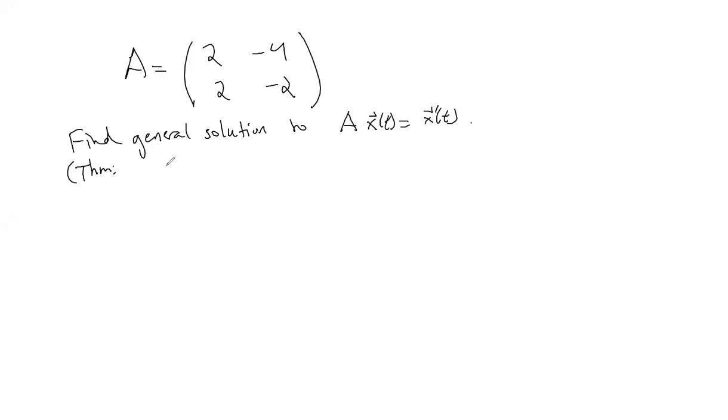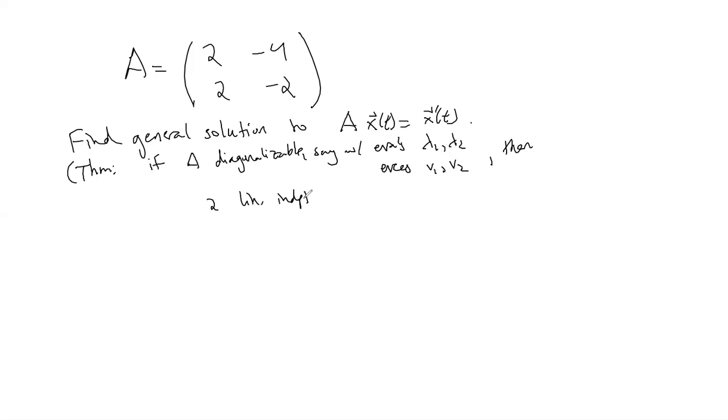It says for 2 by 2 matrices, if A is diagonalizable, say with eigenvalues λ1, λ2, and eigenvectors, these could be the same, that's okay, V1 and V2, then 2 linearly independent solutions are e to the λ1t V1 and e to the λ2t V2.